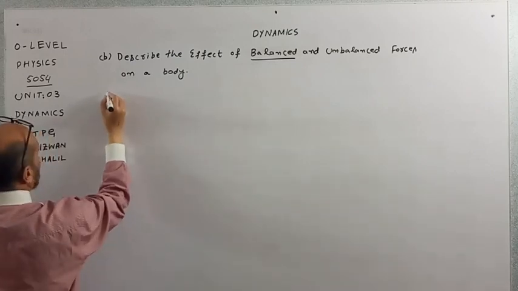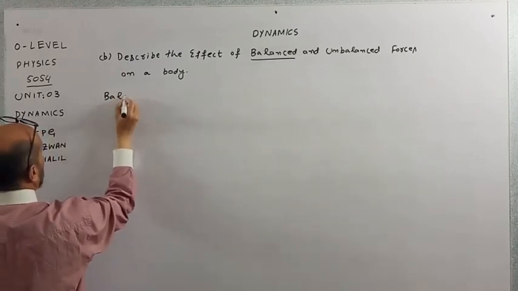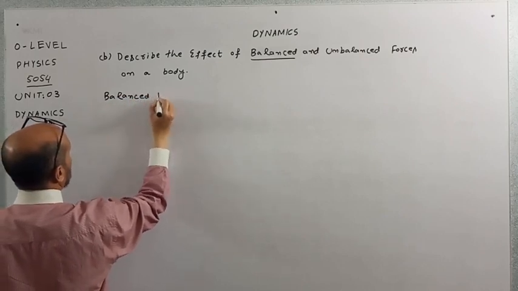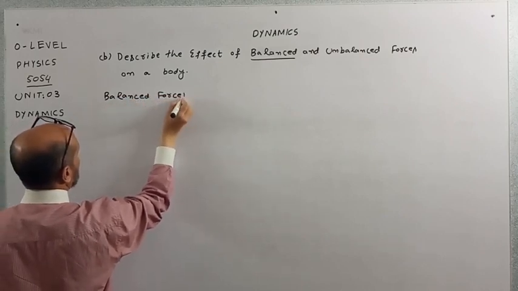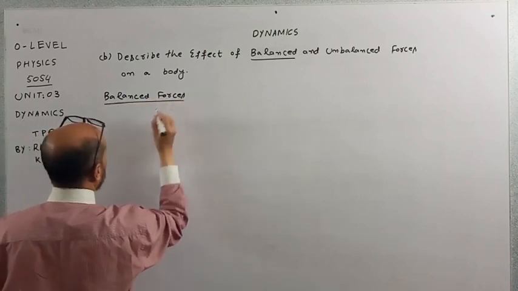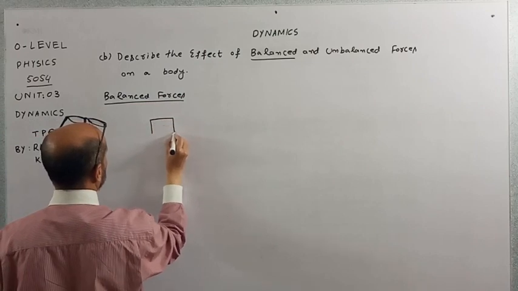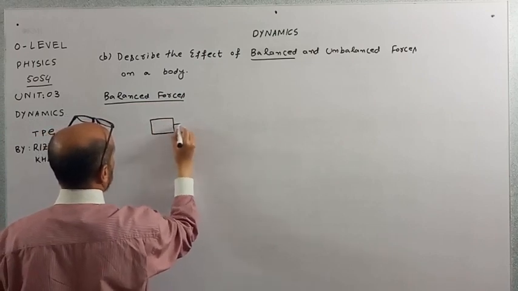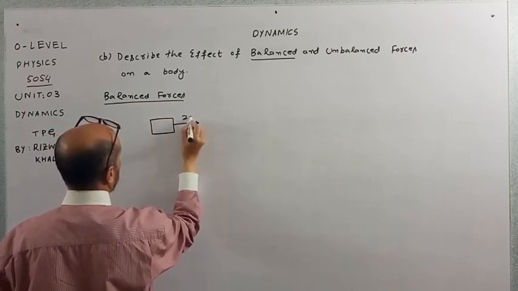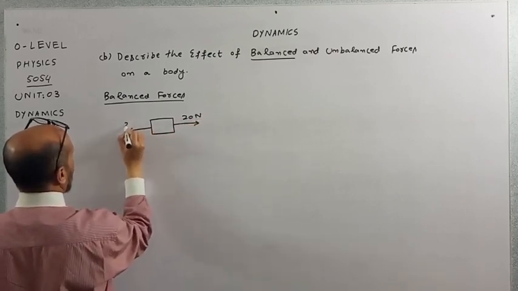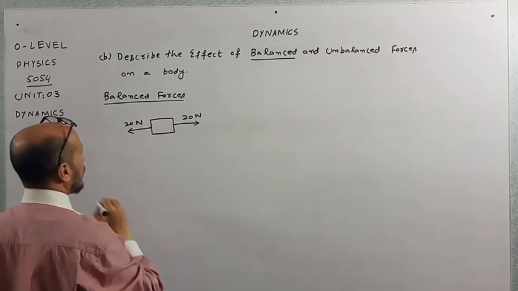Okay, for balanced forces, what does it mean? Let's suppose there is a body, two forces are acting on this body, 20 Newton on right side and 20 Newton on left side.